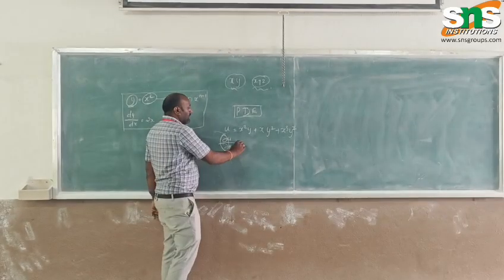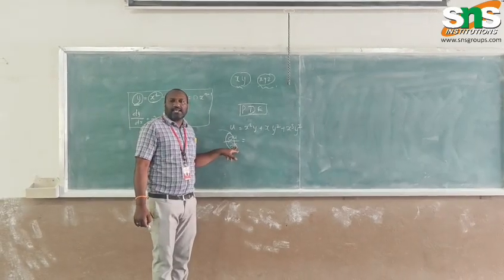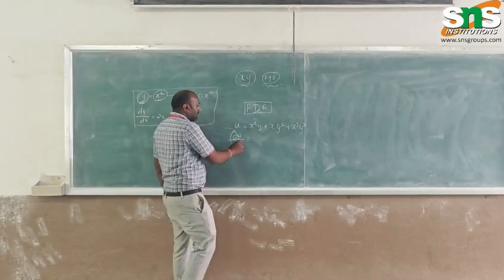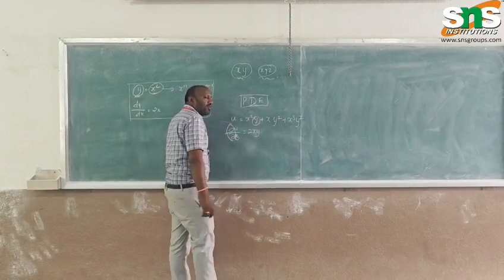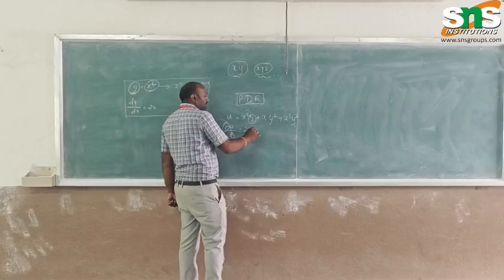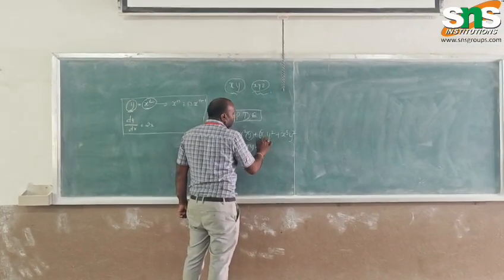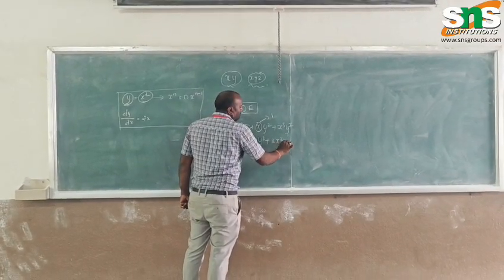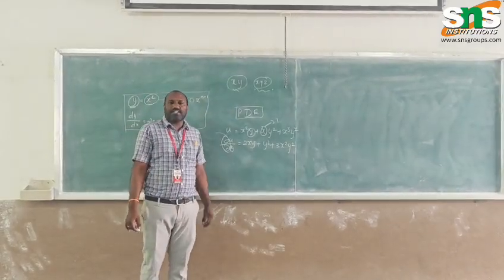Then the only hero is x, so we use only x. So x square gives 2xy because y is a constant, and a constant stays the same. So 2xy plus y square, because the differentiation of x is 1, and 3x square y square. So this is the partial differential equation.